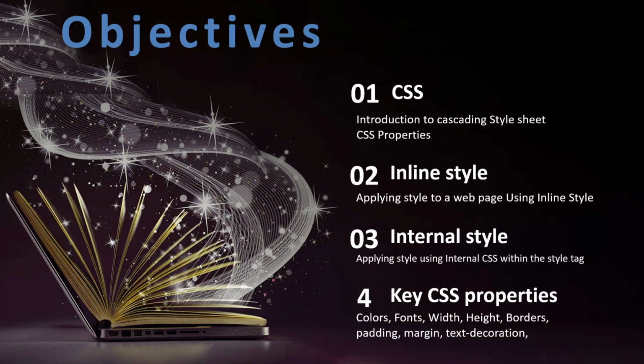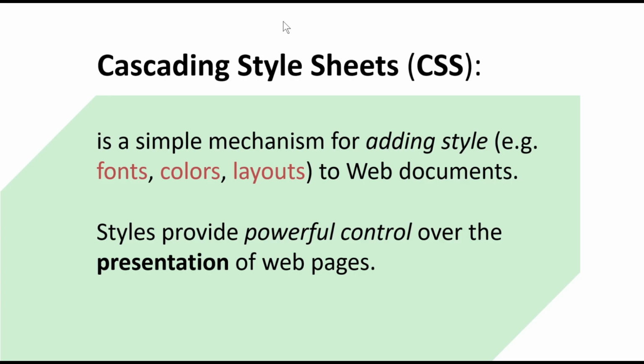We see CSS properties like font color, height, width, borders, padding, margin, text decoration, background color, etc. So Cascading Style Sheet, called CSS, is a simple mechanism for adding style, for example font color and layout, to a web document. Style provides powerful control over the presentation of web pages.